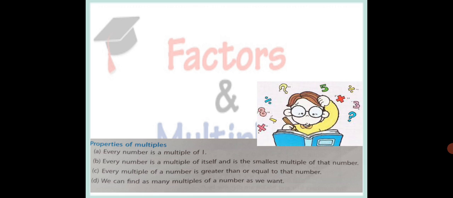Property number 3, every multiple of a number is greater than or equal to that number. Number 4, we can find as many multiples of a number as we want.